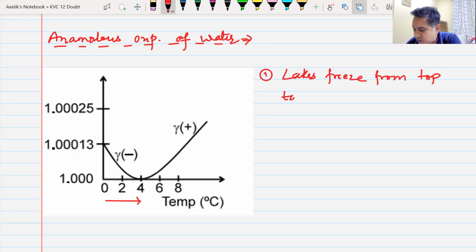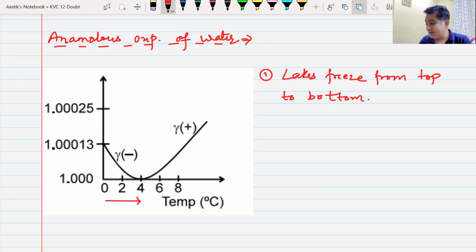This saves the aquatic life even in severe winters. The lake starts to freeze from top to bottom and it saves the aquatic life which is way beyond the surface. And the temperature below that ice still remains somewhere around 4 degrees or 5 degrees Celsius.